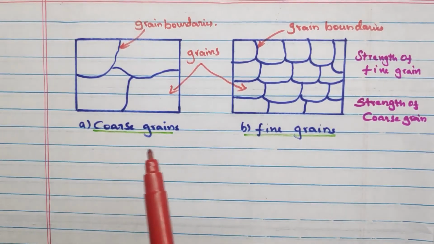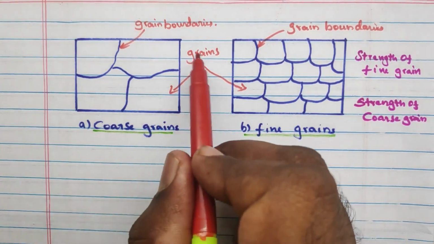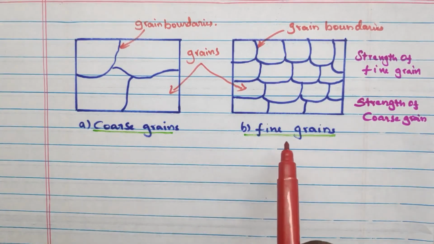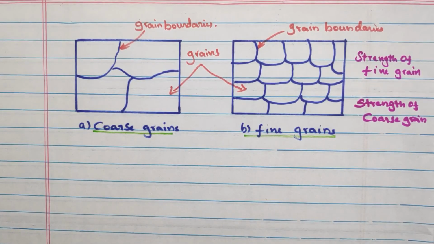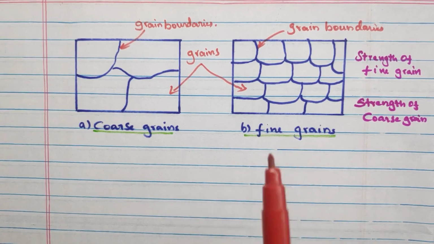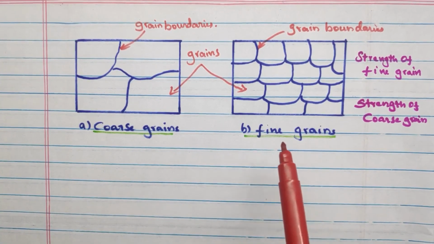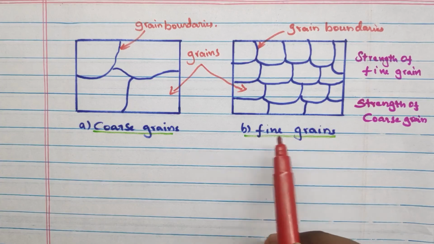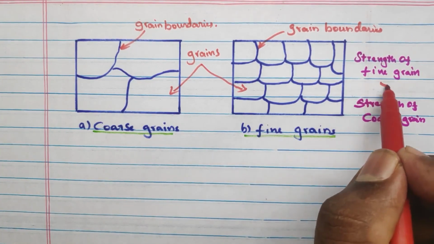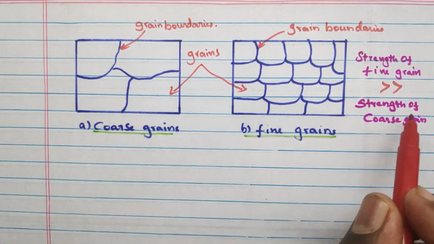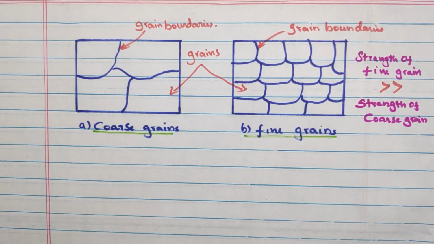When comparing coarse grain and fine grain, you can see evidently that the grains and grain boundaries in the fine grains are much more than in the coarse grain. So the obstacles for dislocation are higher in the fine grains. From this I can conclude the strength of the fine grain is much greater than the strength of the coarse grain.